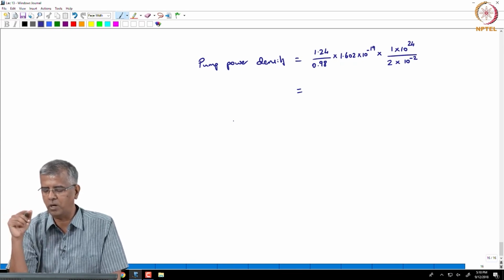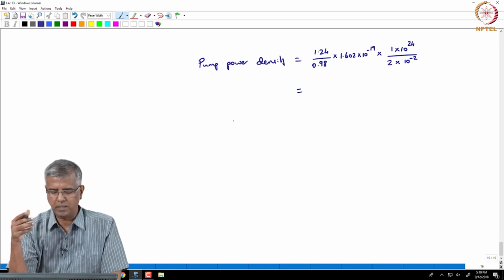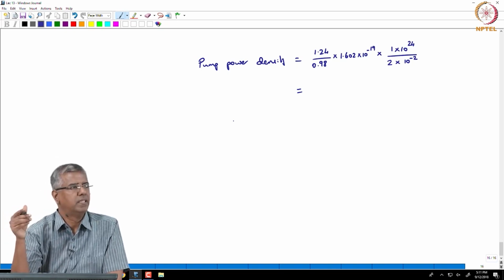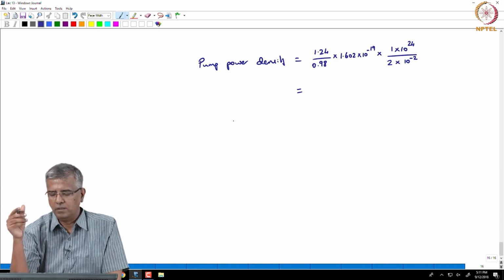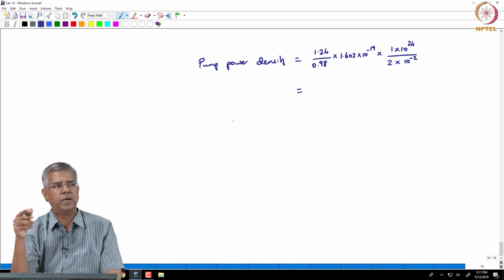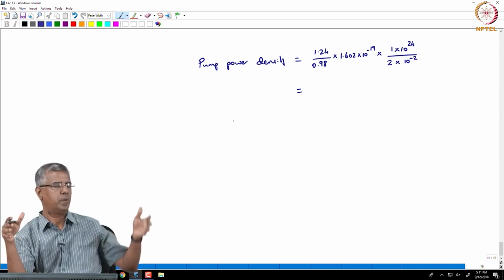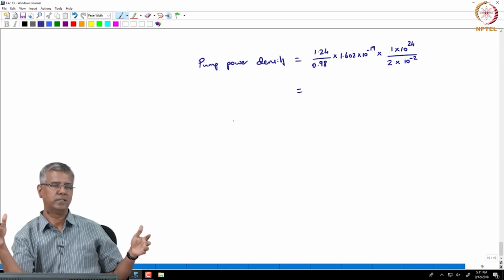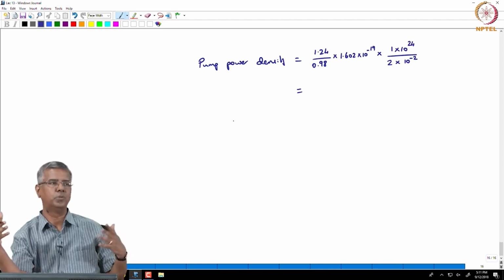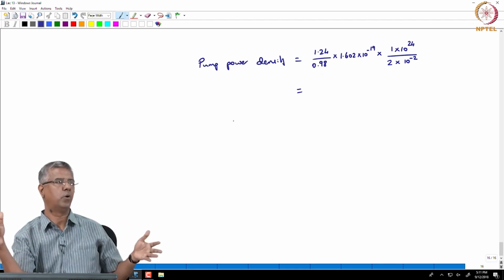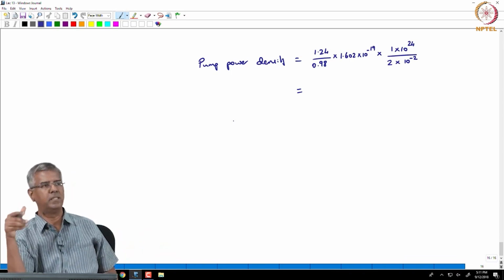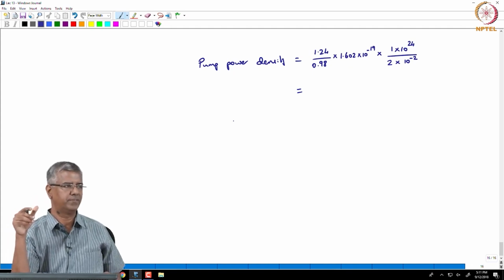It's per unit volume that you have, but typically pump power density is given per cross section. So, you essentially say, if your gain medium is this long and you are pumping from the side, that length you multiply over that, and then what you get is in terms of meter square.